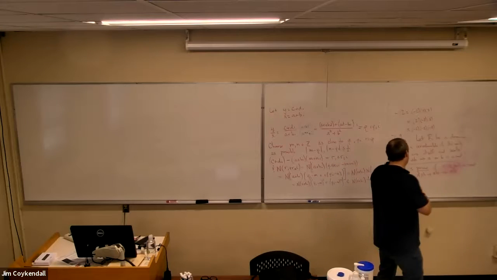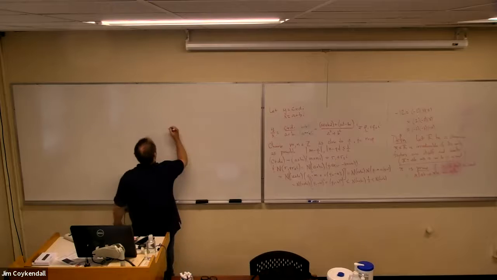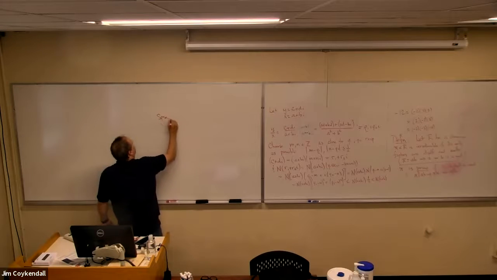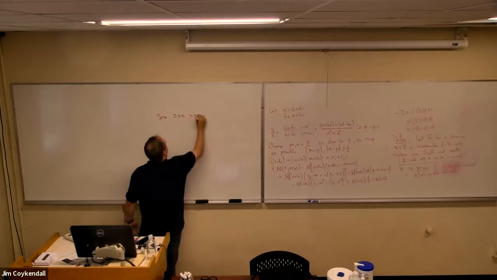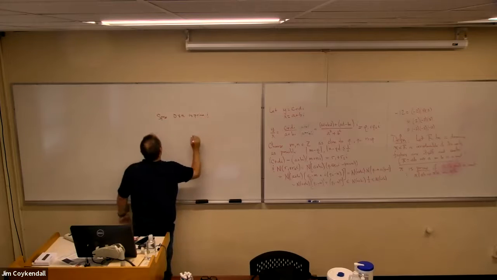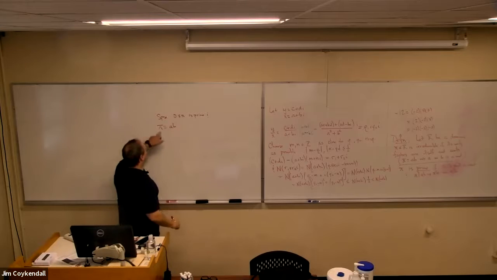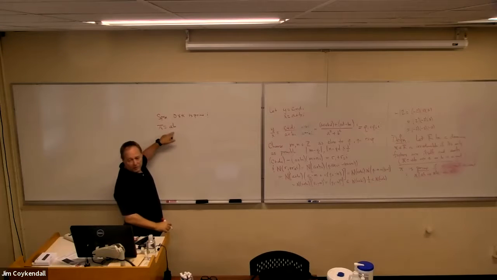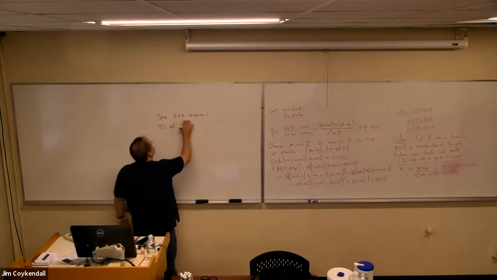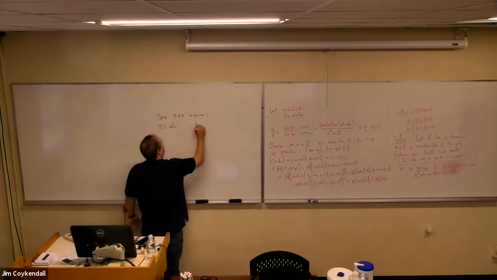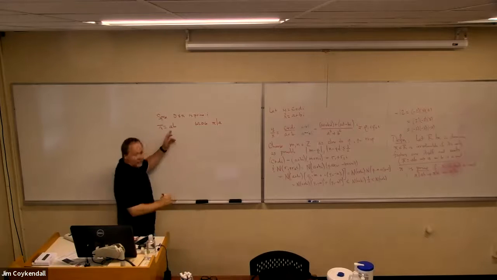Actually, maybe I will show you that really quick. If you have a prime pi, and suppose pi equals AB. Now, of course, what I need to show is one of these two is a unit, that is, divides 1. Well, without loss of generality, pi divides A, because it divides the product.